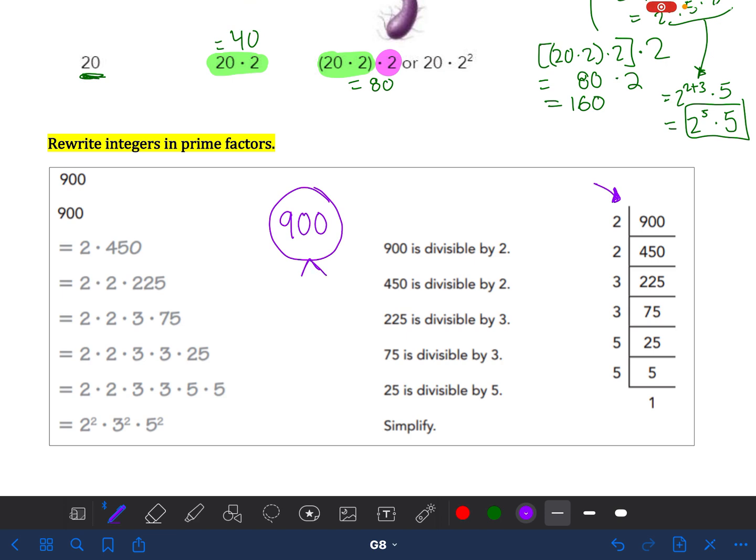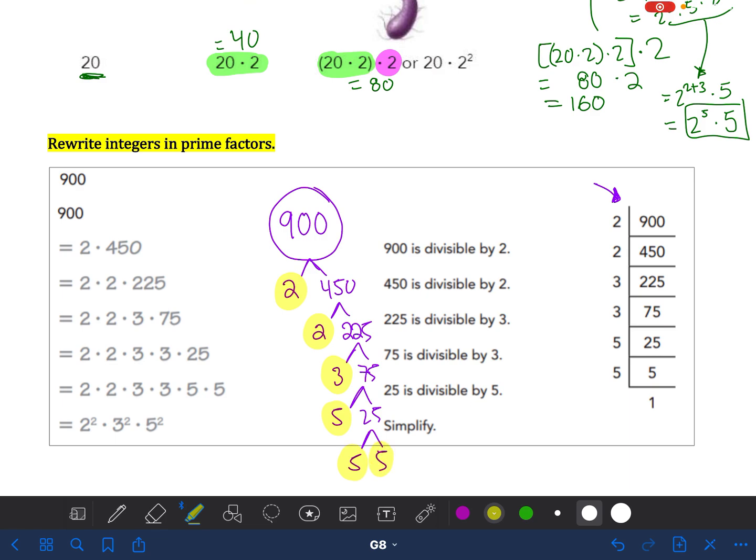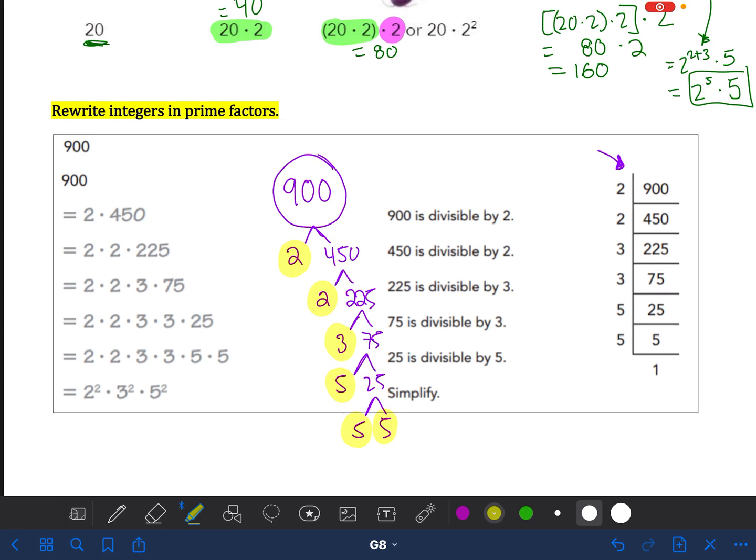So what you can do is 900, you split it into 2 and 450, and then 2 and 225, and then 3 and 75, 5 times 25, 5 times 5. The reason why I did that is because the outsides of the tree here are prime factors.